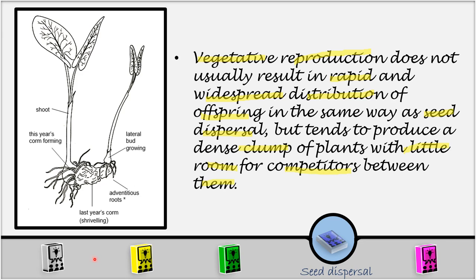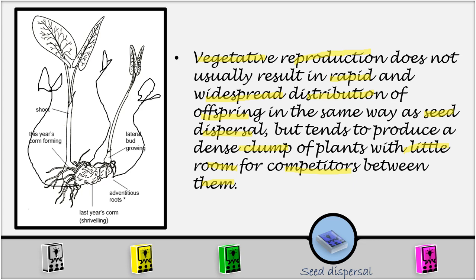So another thing we are seeing in vegetative reproduction is that it is not rapid and there is no wide spread of the offspring. The offspring are very close to the parent. This one grows here and this one grows here, and then we shall have another one growing here. Then you will find that many of them are growing very close to the parent.